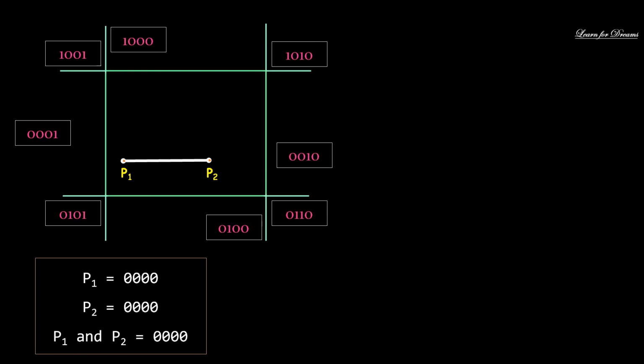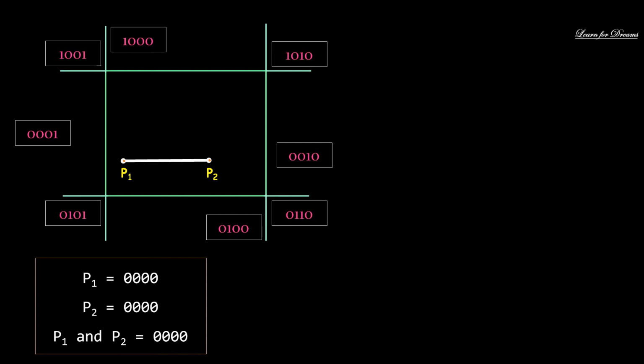Now let's see how to decide whether the clipping is required or not. Consider the line P1, P2. Both the points are inside the window. Hence bit representation for both points is 0000 and 0000 for both P1 and P2.